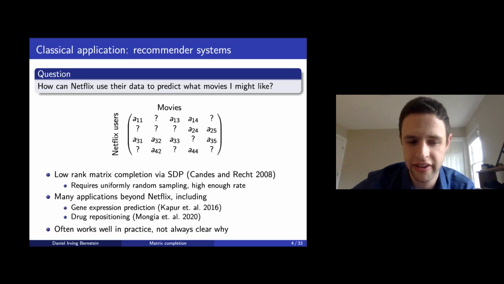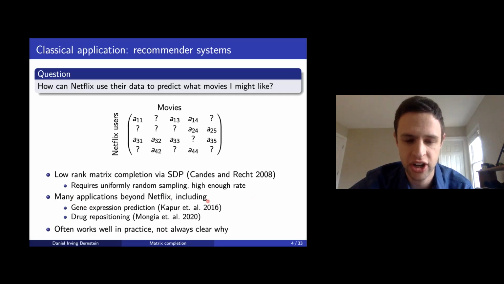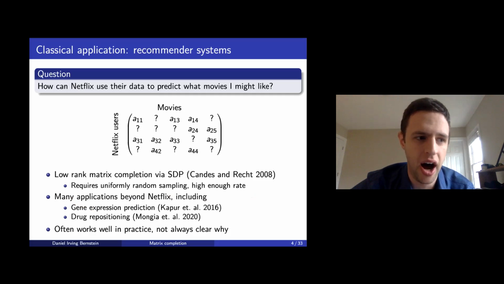Now, Netflix is just one of many applications. There are some applications in biology. Two that I thought were particularly interesting were gene expression prediction and drug repositioning. In the gene expression prediction problem, the idea is you have a cell with a bunch of genes in it.